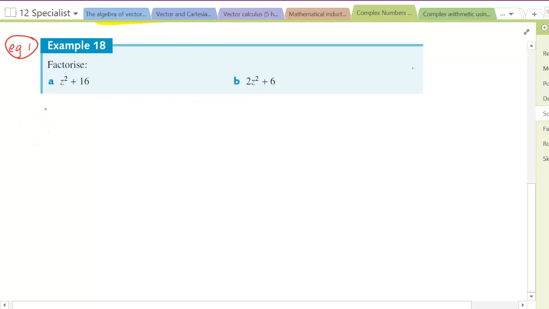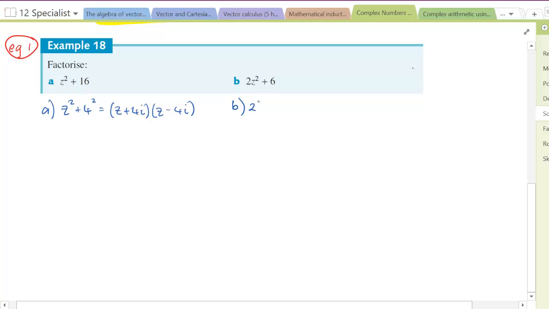Okay, so in this scenario we're just looking at two simple sum of squares. We've got z squared plus 4 squared, and so that will factorize to be z plus 4i and z subtract 4i using that sum of squares factorization we talked about previously. When we look at part B, we notice that there's a common factor of 2, so we always still think about common factors first.